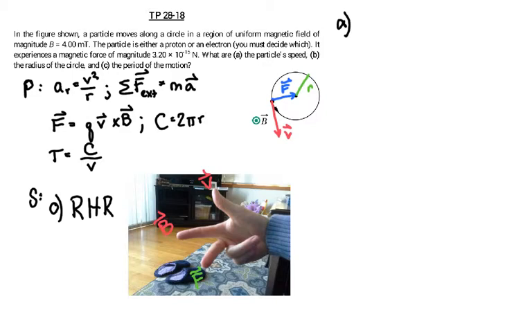So from your PRC in the bottom left-hand corner on the back, we see that we can rewrite our cross product as the magnitude of our force is equal to the charge of our particle times the magnitude of our velocity, which is the speed, times the magnitude of our magnetic field, times the sine of the angle between our vectors.